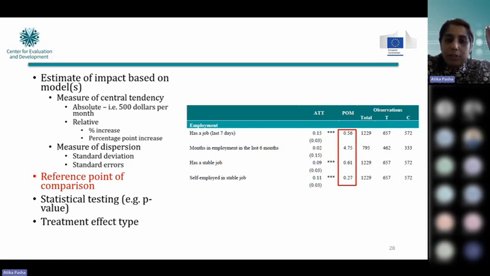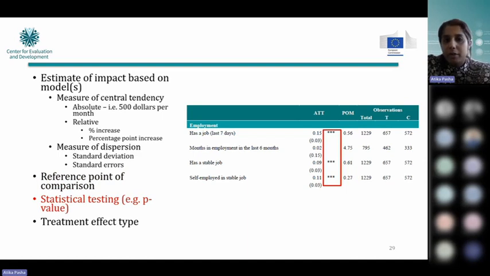To explain this coefficient, it means that 56% of your comparison group claimed to have had a job in the last 7 days. All you have to do is add this coefficient to it, because it's a percentage point increase, to understand that our treated group, or those who received the program, were at 71% claiming to have had a job in the last 7 days.